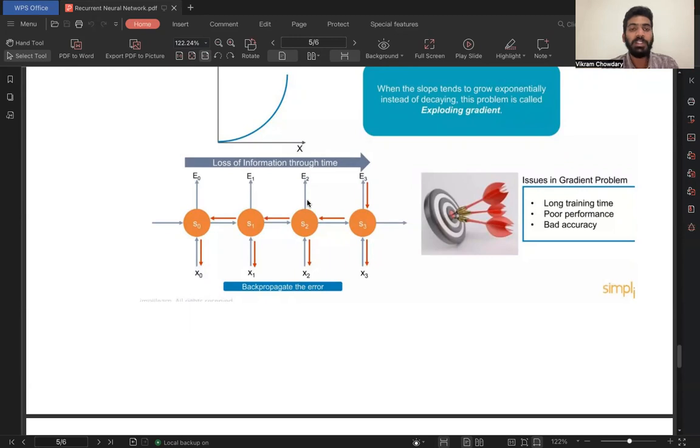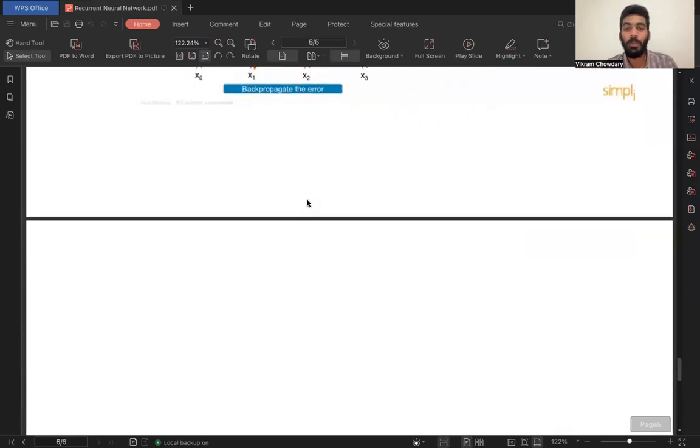This problem arises when large error gradients accumulate, resulting in very large updates to the neural network model weights during the training process. Long training time, poor performance, and bad accuracy are the major factors caused by gradient problems.